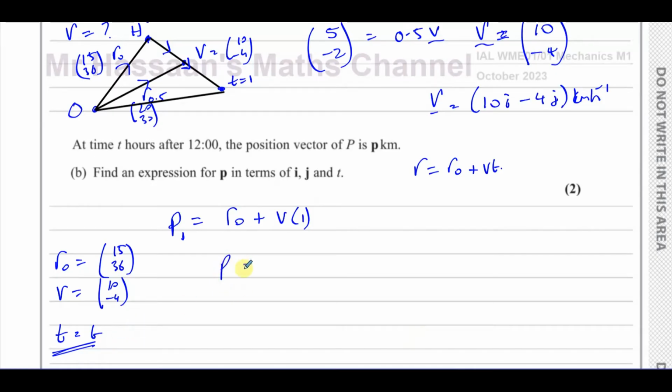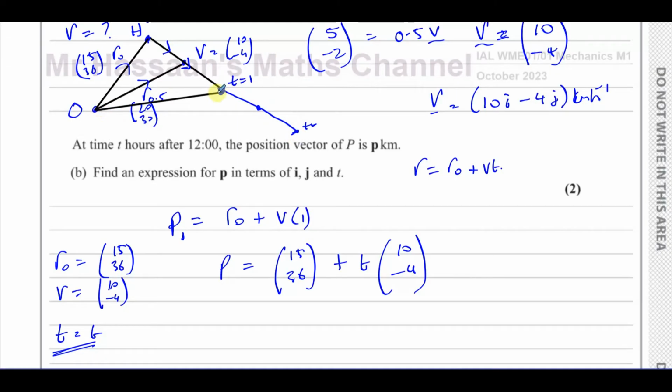We want to find the general expression for P for any time t. So we can say P is going to be r0, which is 15, 36, where it started from, plus t times 10, minus 4. So after 1 hour, when t is 1, it's going to be at this point over here. At 2 hours, it's going to be at this point over here. At 1.5 hours, it's going to be at that point over here.